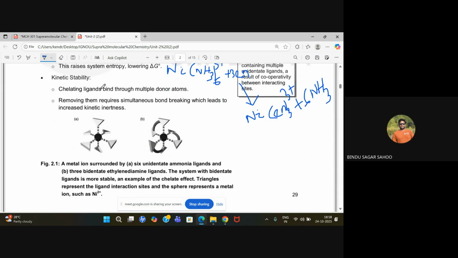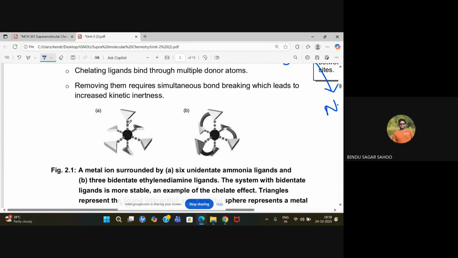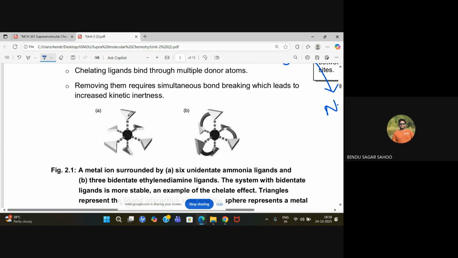Here we can see a picture of a non-chelated ligand complex, and this is a picture of a chelated ligand complex. These are bidentate ligands, just like ethylene diamine. Here the triangles are the ammonia ligands: 1, 2, 3, 4, 5, 6.